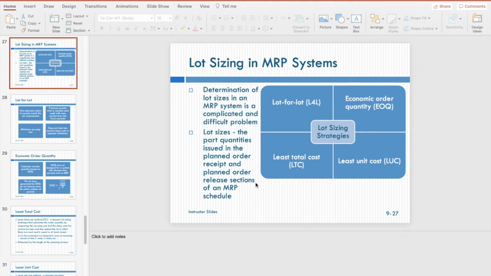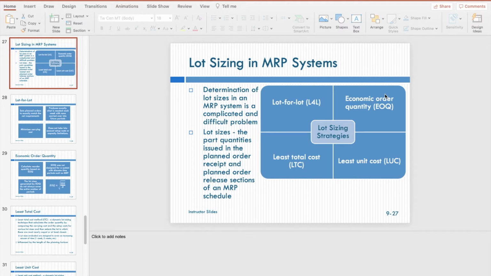Since this is related to the order quantity type of problem, actually in chapter 3, when we dealt with inventory management, we already talked about some techniques related to order quantity problems. You may still remember that when we talked about the fixed order quantity model, we already introduced the EOQ model. Here we will also use the EOQ model as one specific candidate of the lot sizing techniques within the MRP system.